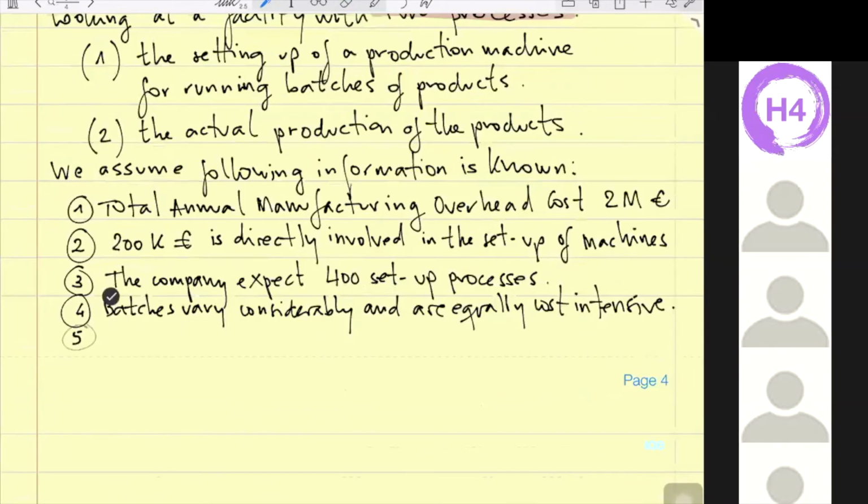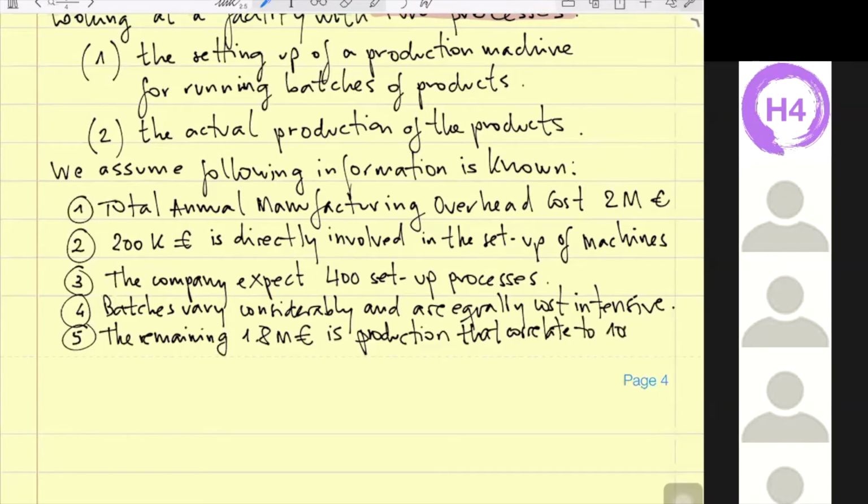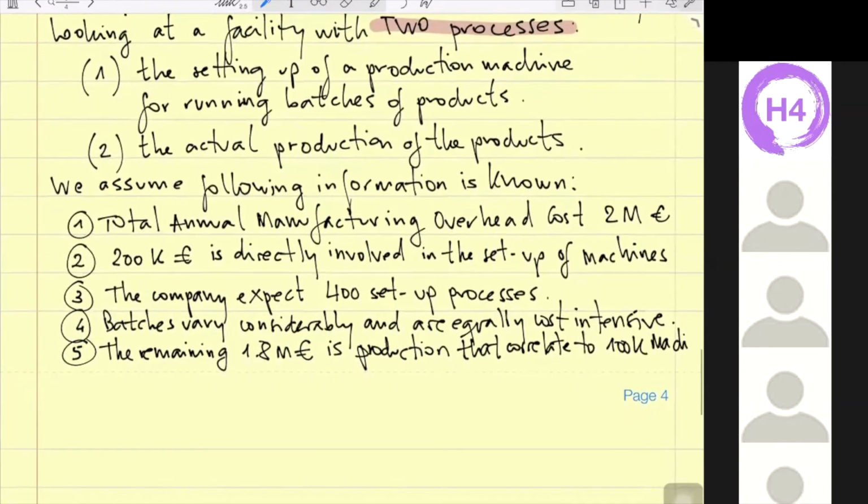And we assume that the remaining 1.8 million euro is associated with production activities that correlate with the company's 100,000 machine hours. Okay, so these are the data.